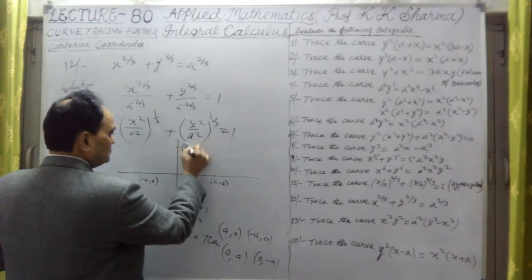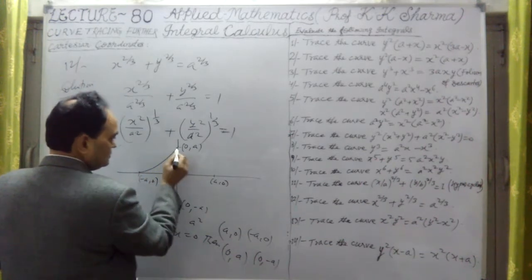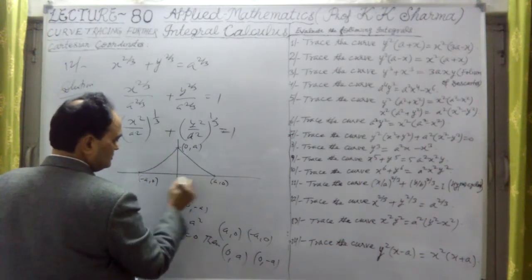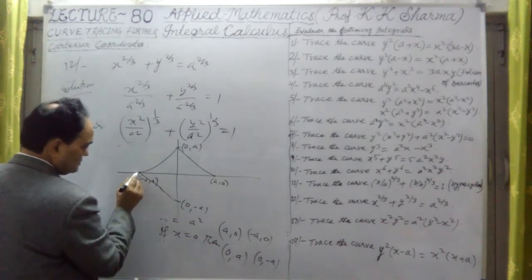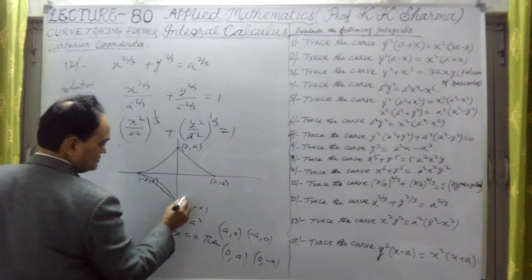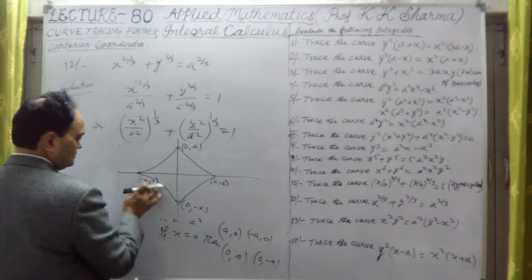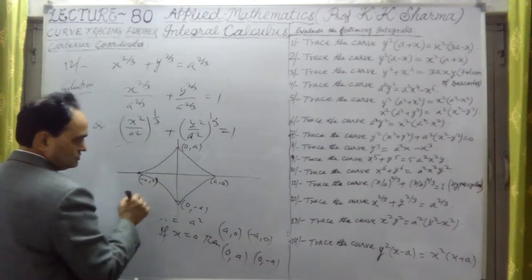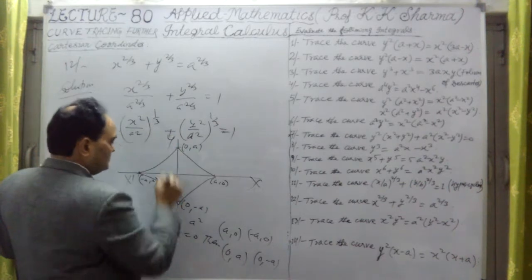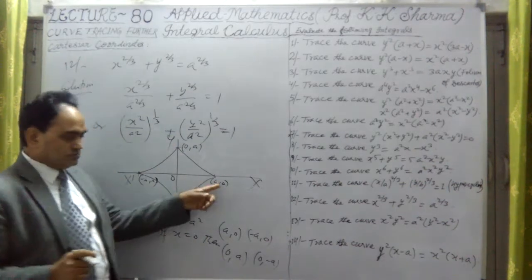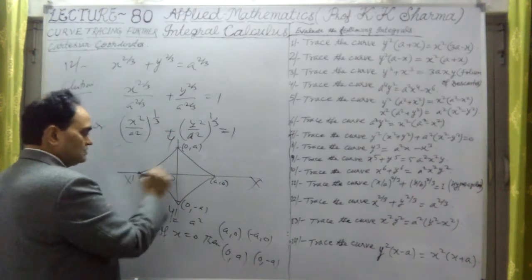This is (0,a). So these 4 points are on the two axes, the x-axis and the y-axis. These are the 2 points on the axis of x, (a,0) and (minus a,0), where the curve is intersecting.